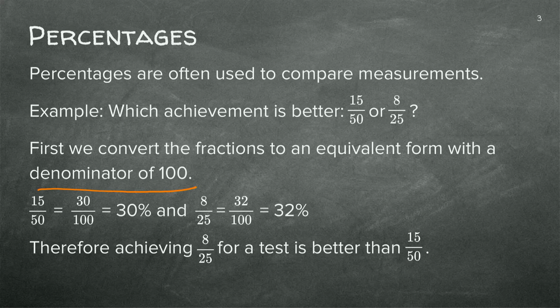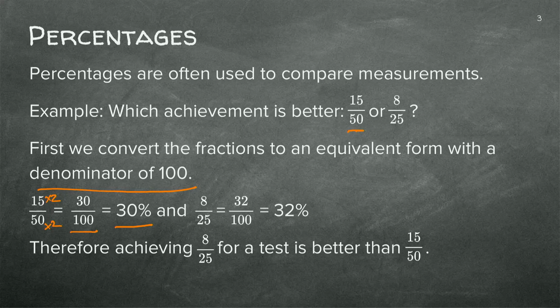Okay, so 15 out of 50: how do we get 50 to 100? We times it by 2, we times it by 2, so it is 30 over 100. So in actual fact, you got 30% for that test.